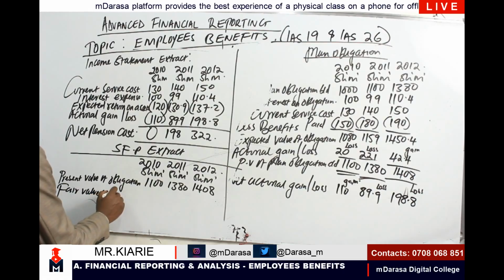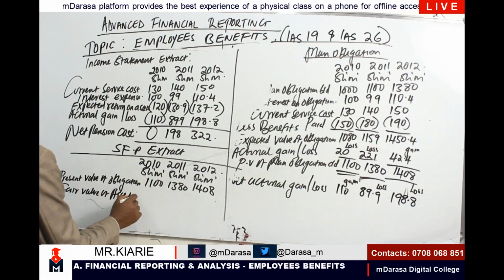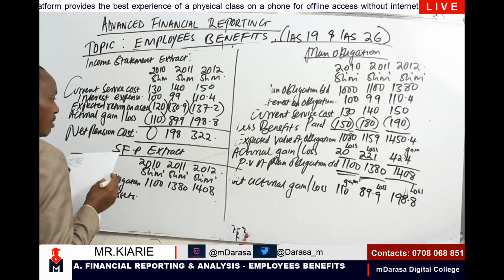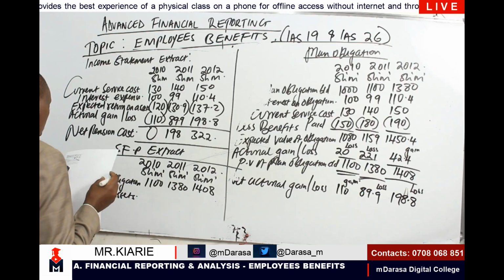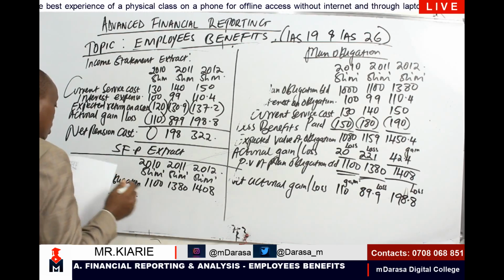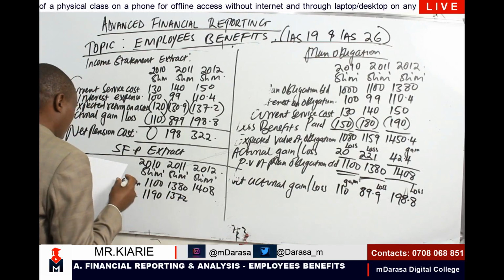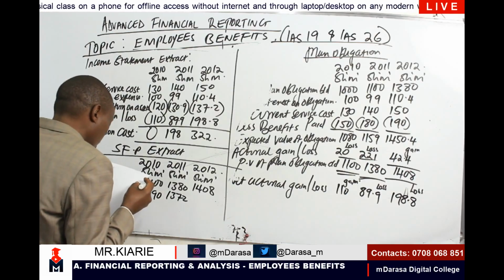When it comes to the fair value of plan assets carried down, the figures were 1190, 1372, and 1188.